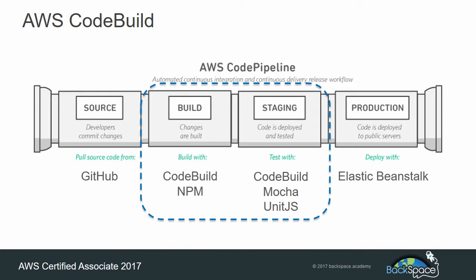Once that has been built, it will then be tested, and we're going to use Mocha and Unit.js to run a simple test on our application. And if it passes that test, then those artifacts, or those files that we need to deploy our application, will then be handed over to Elastic Beanstalk to deploy our application.